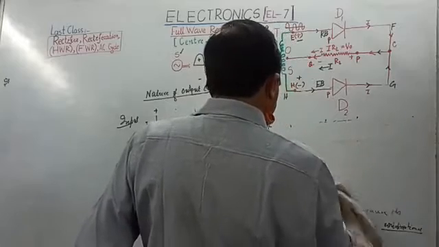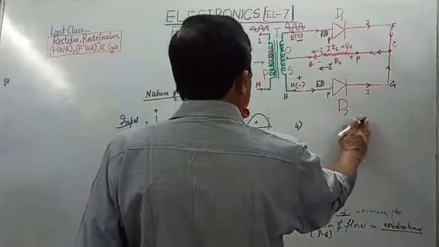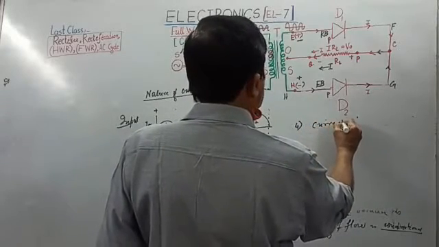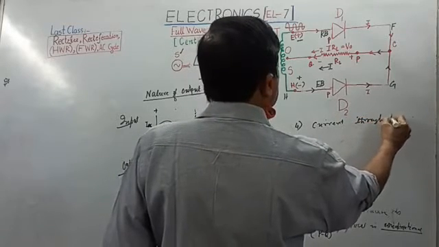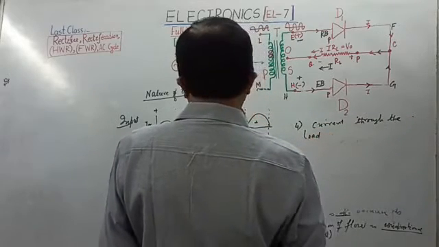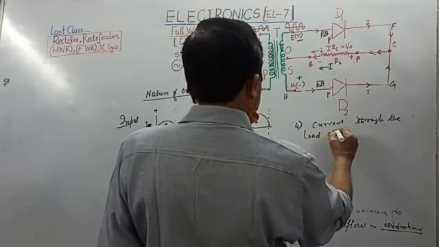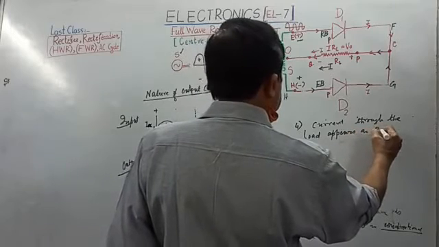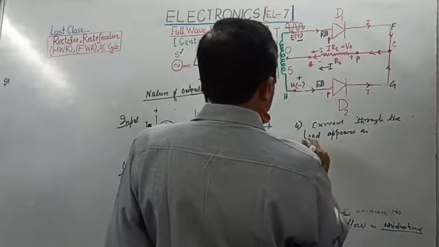So you say current through the load appears as pulses, as current pulses.